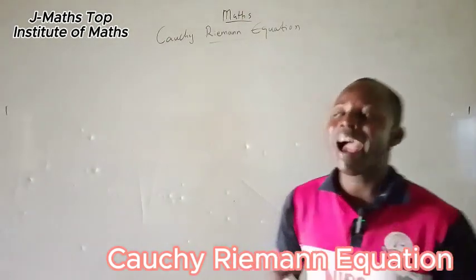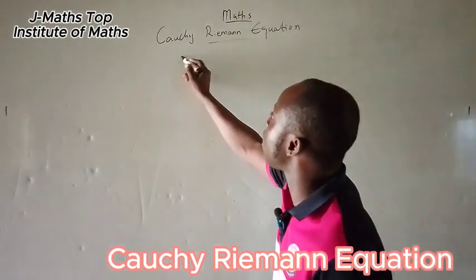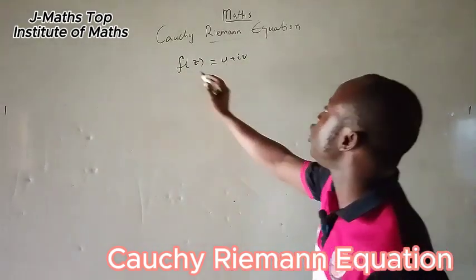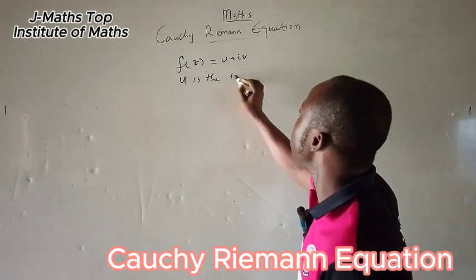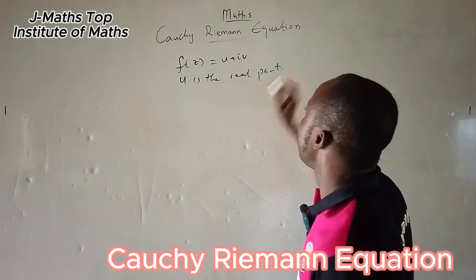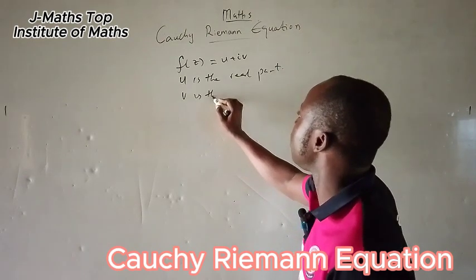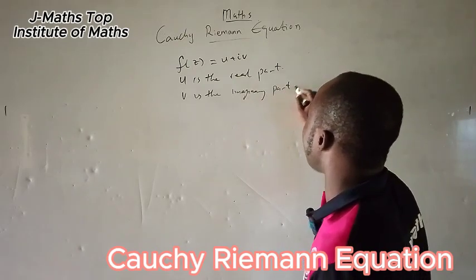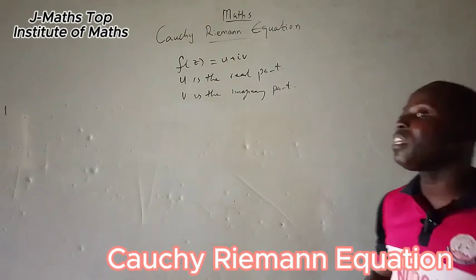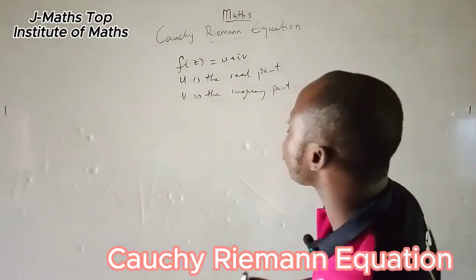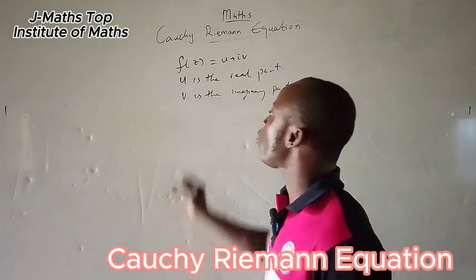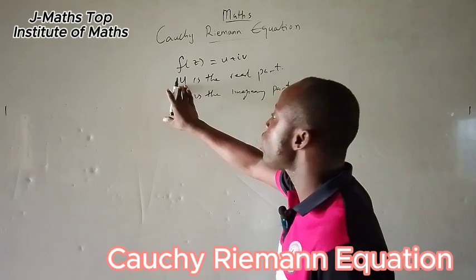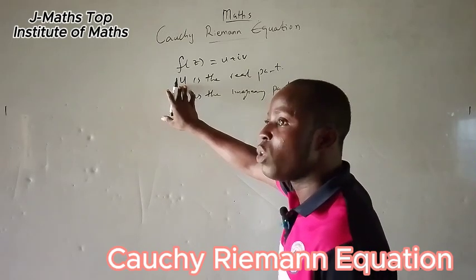At this junction, f of z is equal to u plus iv, which simply means that u is the real part and v is the imaginary part. In the Cauchy Riemann Equation, when we differentiate u with respect to x, it must be equal to the differentiation of v with respect to y.